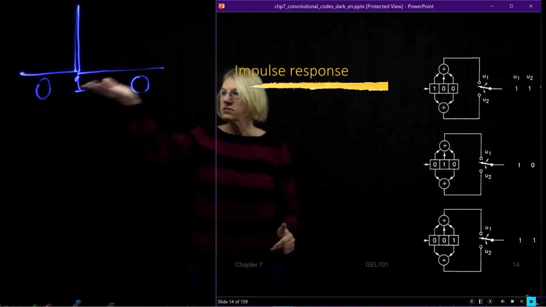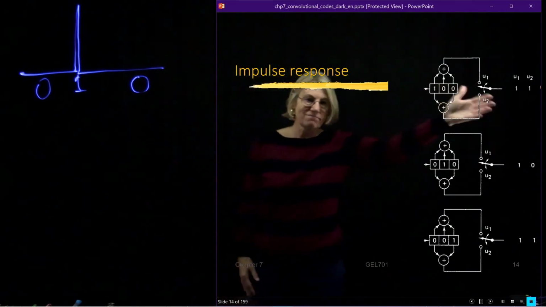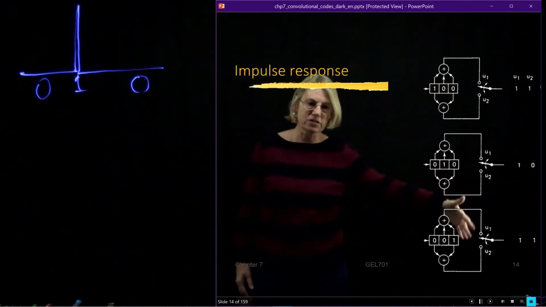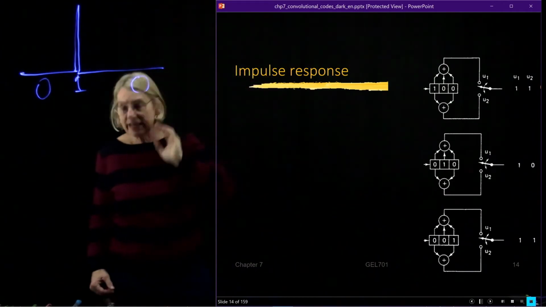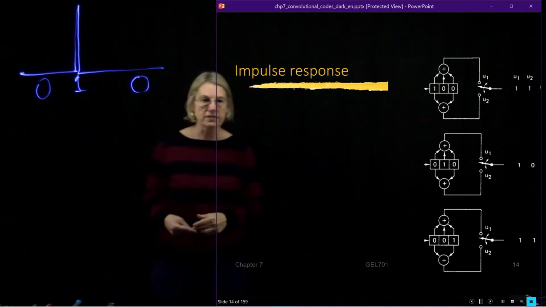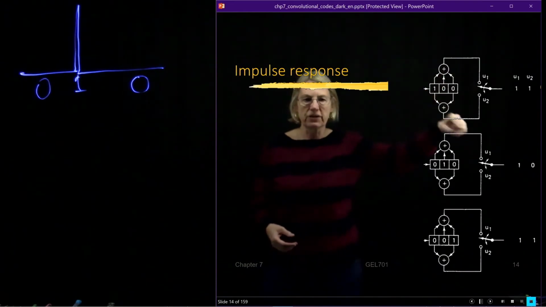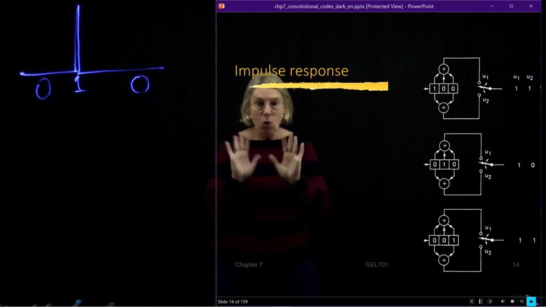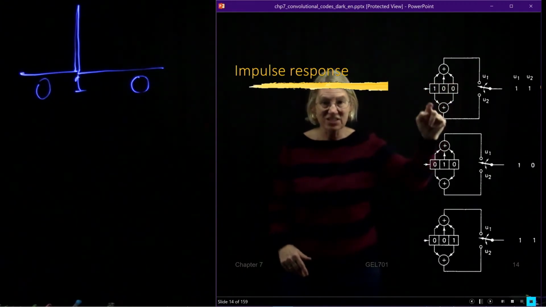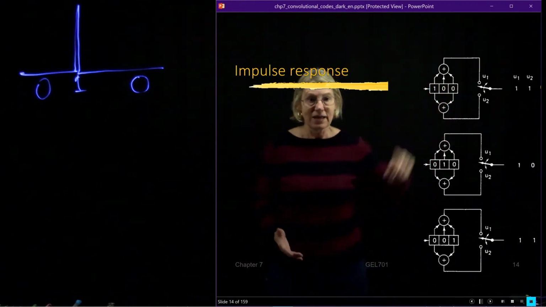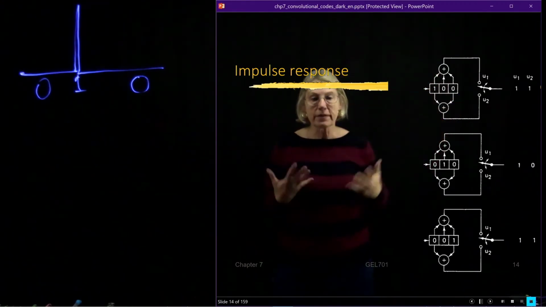The zeros don't have to go to infinity because once I get full of zeros, I'm just getting zeros. So what is the impulse response for this particular configuration of encoder? It's these interconnections that determine what the code is. These two functions determine the code.